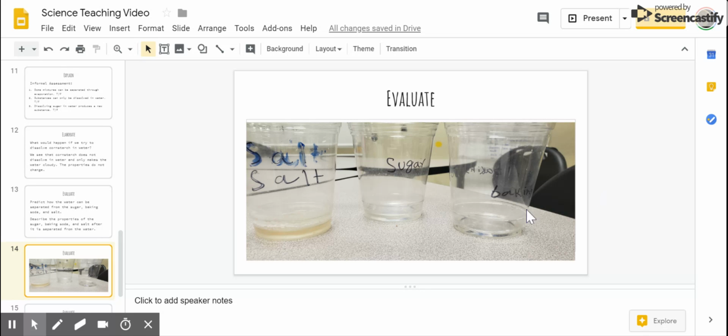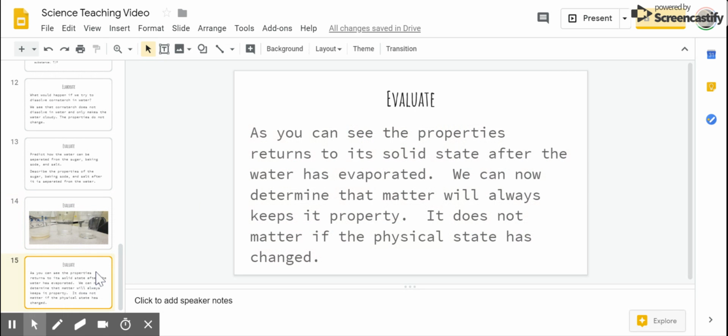And we can see that to the left, the salt has returned to its physical state of solid. The sugar has done the same, it's around the rims of these cups, and the baking soda has also done the same. So that tells us that the properties return to their solid state after water has evaporated.